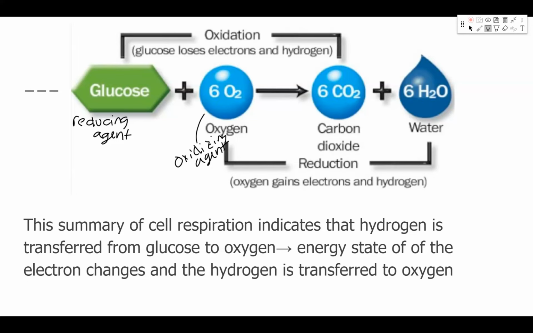But if we want to understand this on an energy level, we have to understand that with those hydrogens come electrons. So our glucose is oxidized. It's going to transfer some electrons to oxygen, because remember that redox reaction is going to happen between those two reactants.